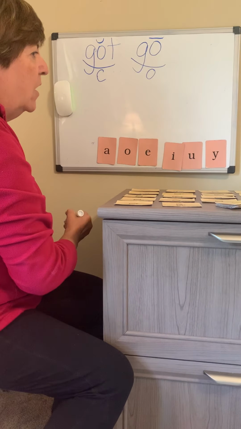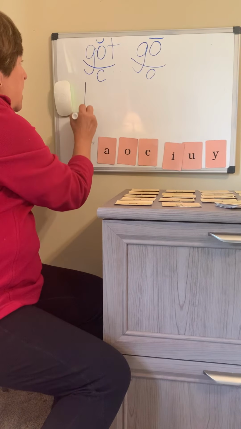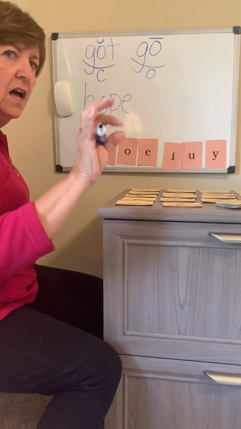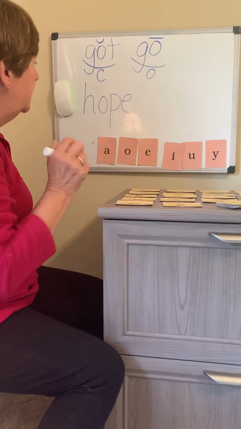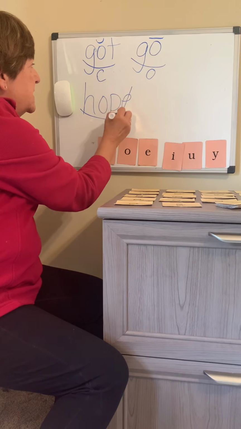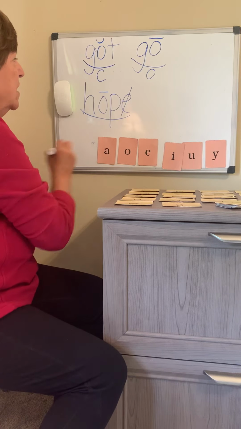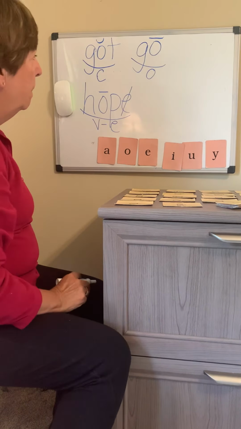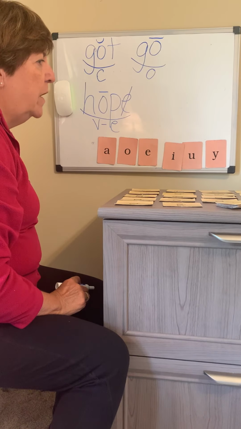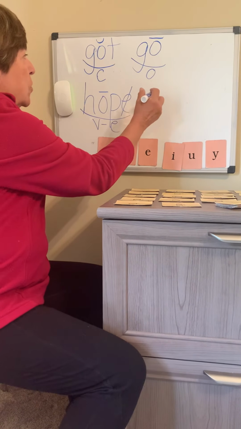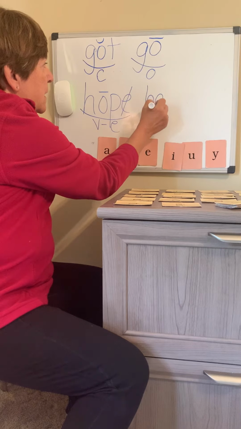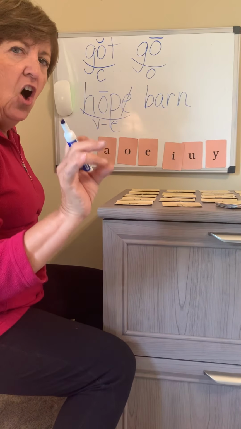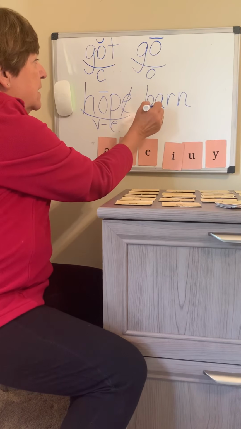Next, we talked about words like hope. We know this E is silent and the O is long, so this is a vowel consonant E word. Next, we talked about words like barn.